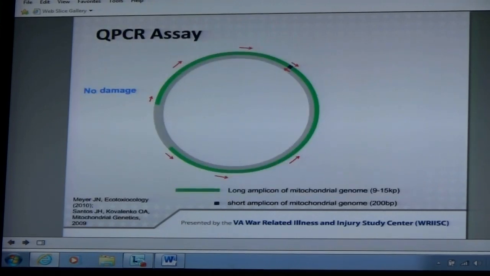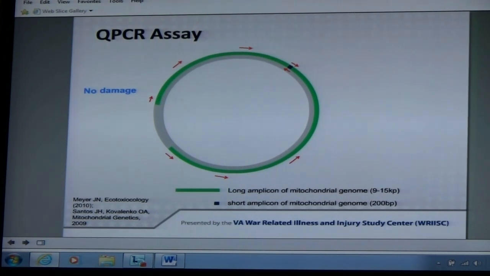Before I get into the results of each of those 3, I want to touch briefly on how we are operationally defining damage here. This quantitative PCR is an assay developed by folks that we work with, Dr. Janine Santos and Dr. Joel Meyer, that performs amplification of mitochondrial DNA. When no damage is present, you can amplify long segments of the DNA.